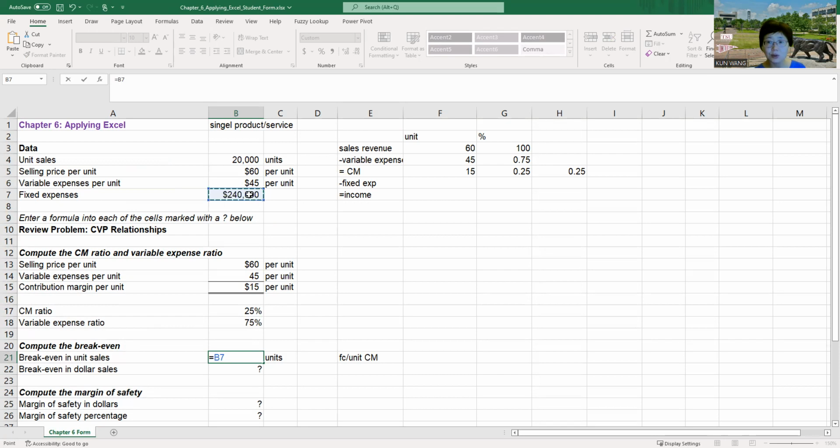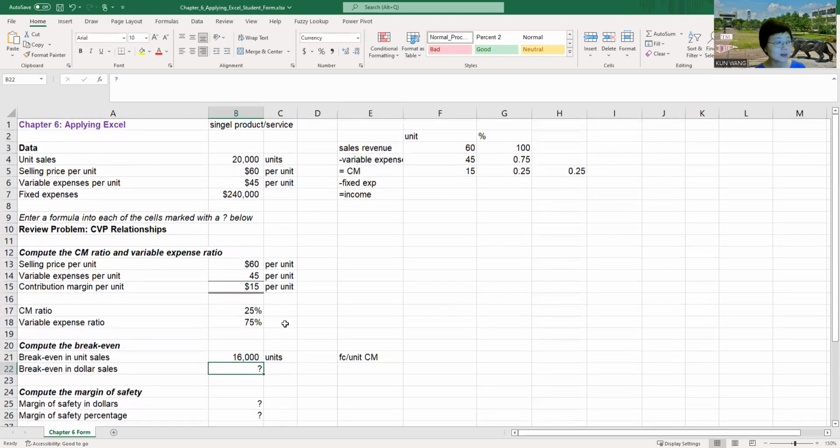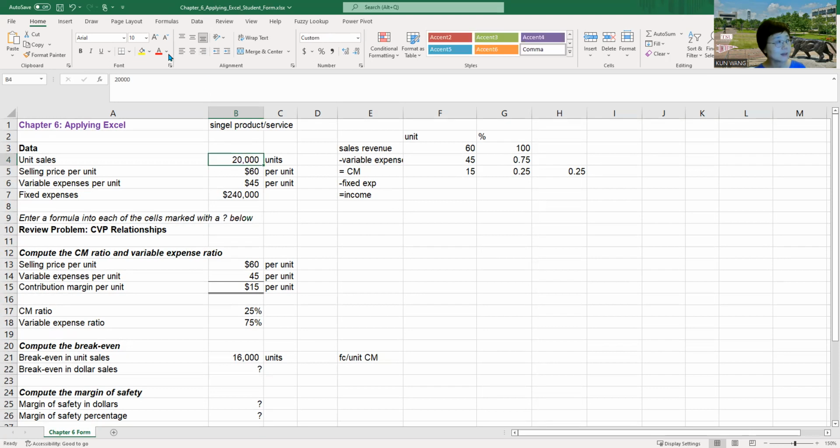I'm referencing to here, and then divide by the unit contribution margin I have from my prior calculation, 16,000 units. Break even, no profit, no loss, my benchmark. And currently, maybe I'm planning to sell 20,000 units, right?